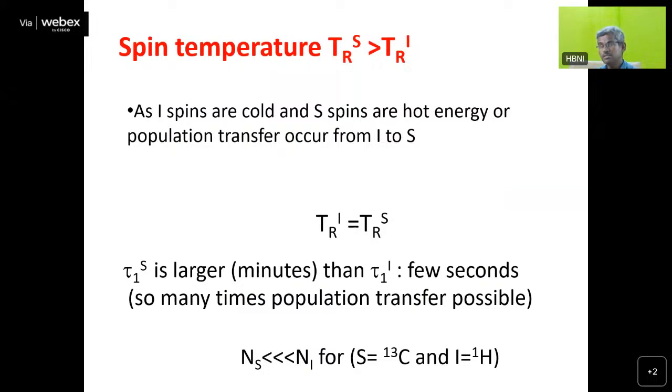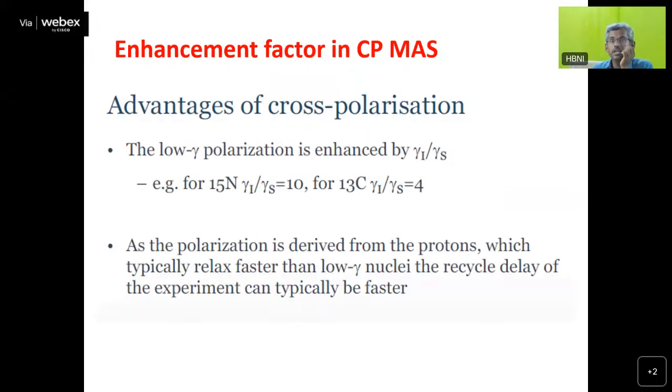So what is happening is, we can excite the proton many times and transfer the population to carbon-13. So that way also, it is advantageous. These are the two parameters using which you can enhance the carbon-13 signal. So that is where you get enhancement in the carbon-13 NMR.